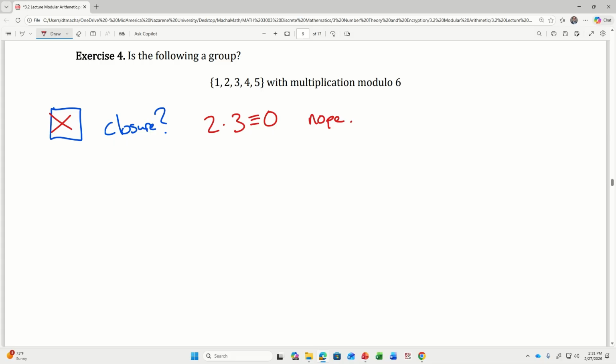And in fact, it doesn't even really help me if I add the 0 back in, because then we wouldn't have inverses. We wouldn't have a way to multiply 0 times something to give me 1. And so this set is doomed from the start. Can't have closure, and you can't add any elements to give you closure.